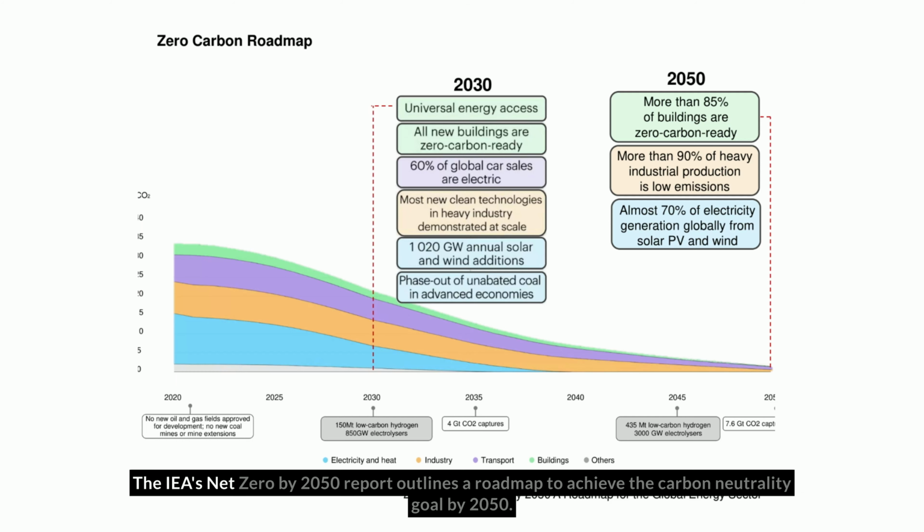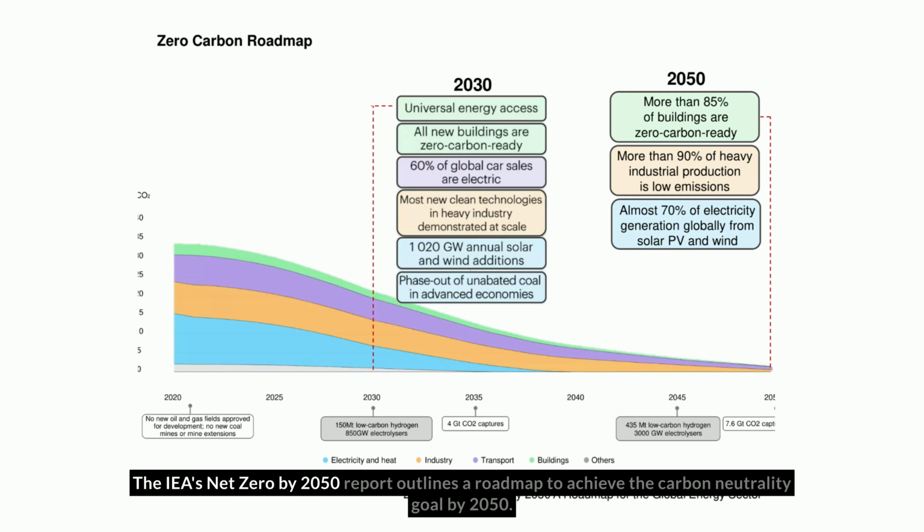The IEA's Net Zero by 2050 report outlines a roadmap to achieve the carbon neutrality goal by 2050. The graph here shows key players of the power sector, highlighted in blue at the bottom, industry, manufacturing sector in orange, transportation in purple, and buildings in green.